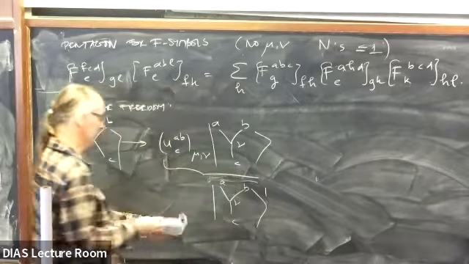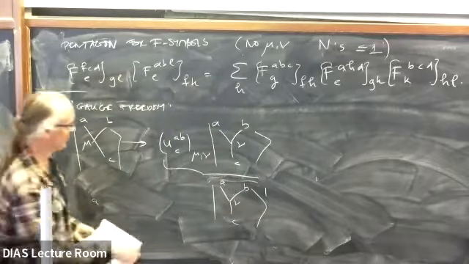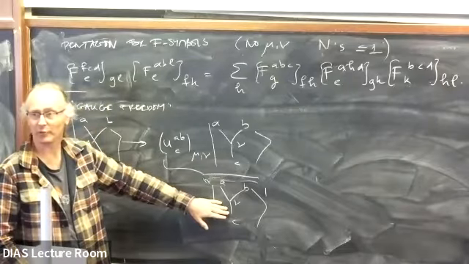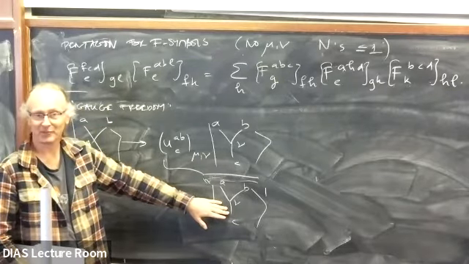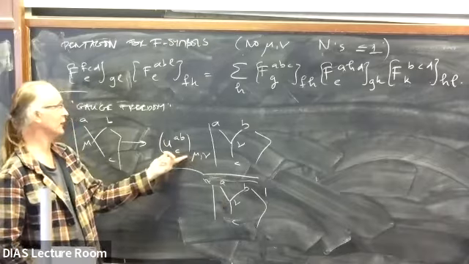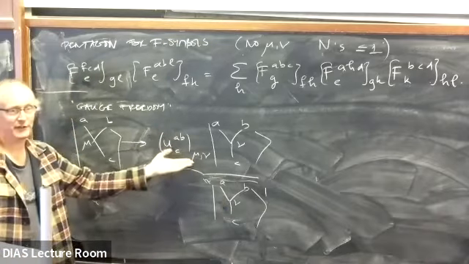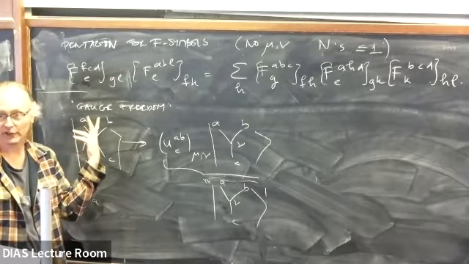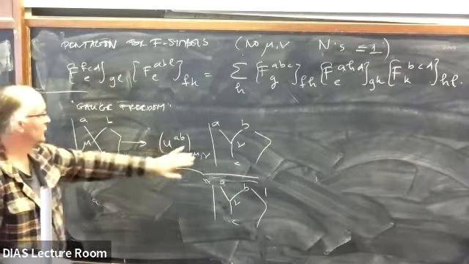So I can just change the basis. Everything will look the same as before. The prime basis is, of course, a matrix times the unprime basis. It's just a change of basis. I can do this in every two-particle space.